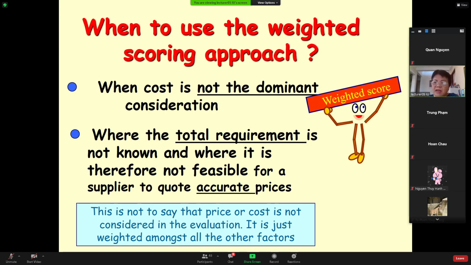But if you are very clear that cost is predominant, okay, go for whichever supplier can offer you the lowest cost.